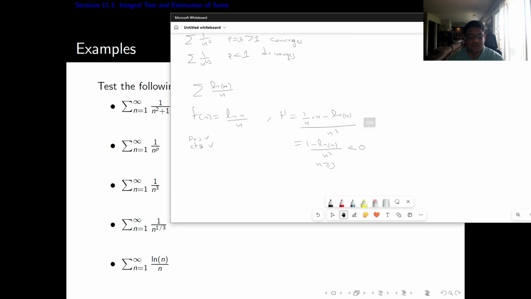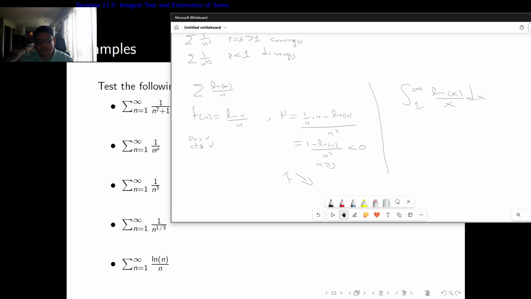So I can use integral test. f decreases here. So now the integral from 1 to infinity of log of x over x, that looks like a very complicated integral, but in reality it has a very simple setup.